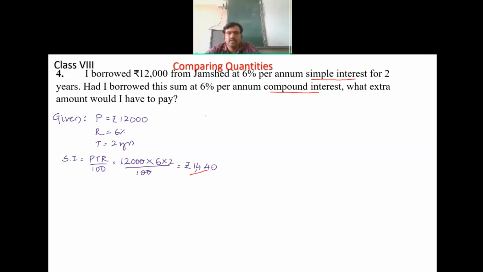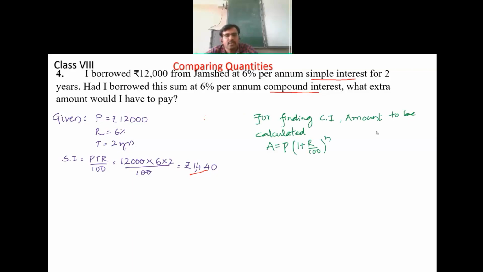Now we need to calculate the compound interest. For that, we should find the amount first. Amount minus the principal will give the compound interest. For calculating the compound amount, we use P times 1 plus R by 100 to the power n.